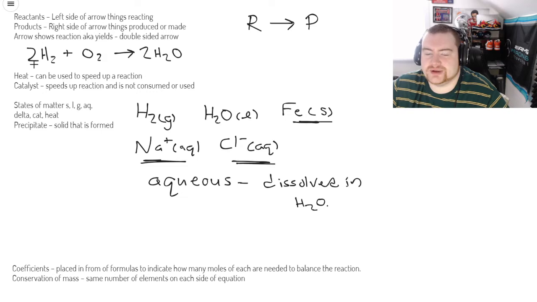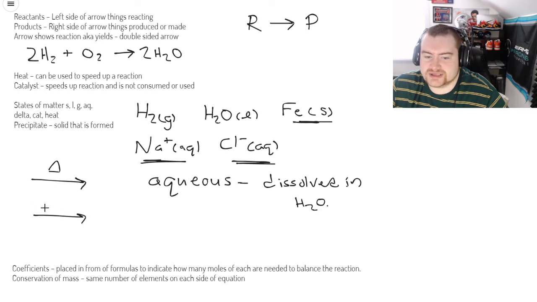Now when we look at our reaction and we want to show that heat or a catalyst was used, something like that, that's going to happen above the reaction arrow. So if we want to show that heat was added to the reaction, we would give it a little delta triangle on the top, and that'll show us that heat was a participant in the reaction.